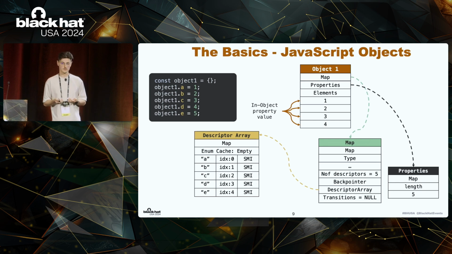The descriptor array is a structure in memory that is giving information about the properties themselves, like their keys, the index for where the properties are actually stored inside the object or in the property store, and the type of the properties. Like, for example, all of them here are SMIs, which stands for small integers.